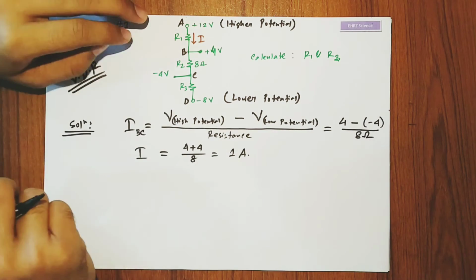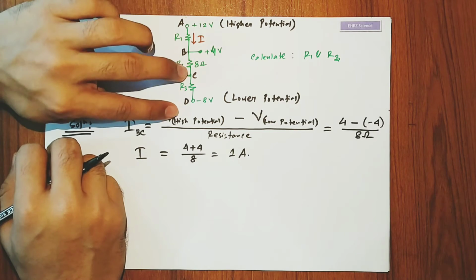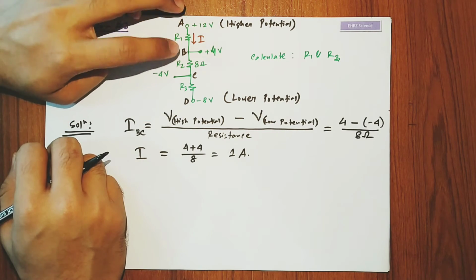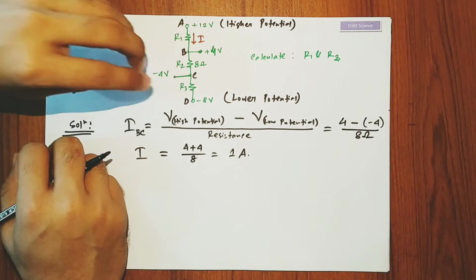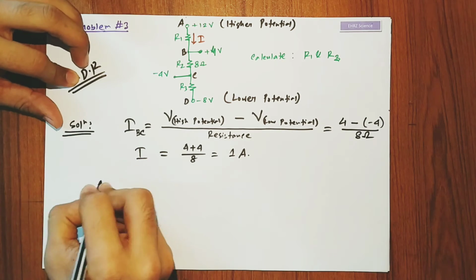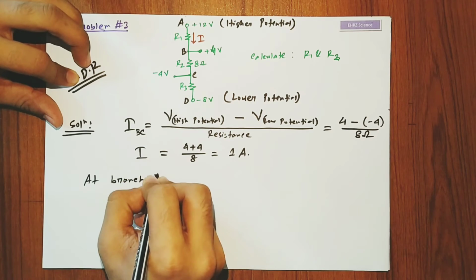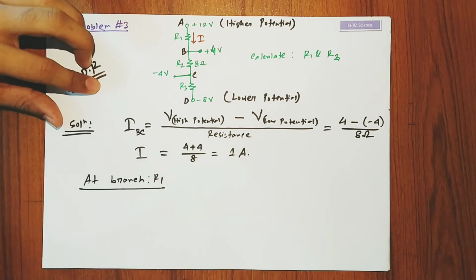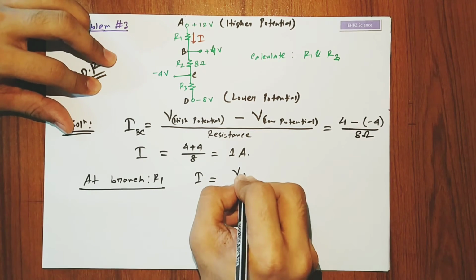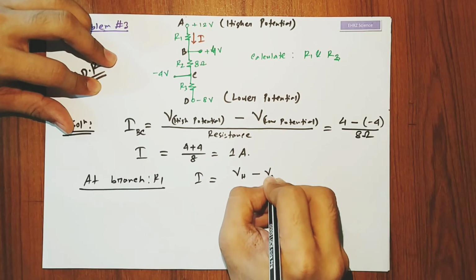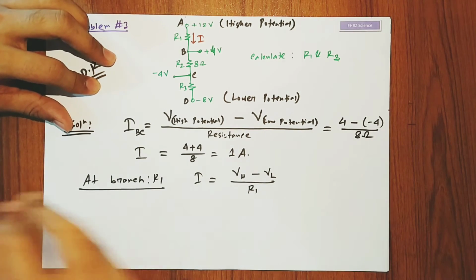Now since we know the current in branches AB and CD, and we know the potential difference of these branches, we can calculate R1 and R3 very easily. At branch R1, we know that I is equal to V at higher potential minus V at lower potential, divided by the resistance R1.